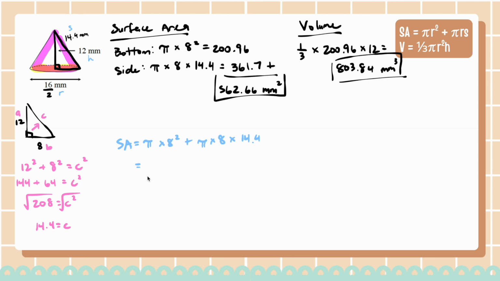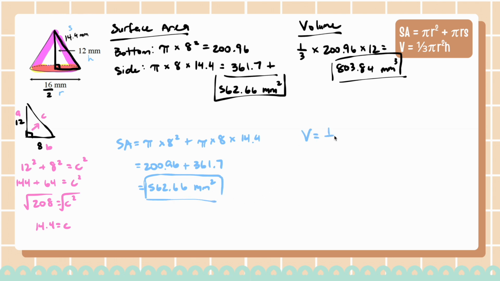If I simplify all of this, this is going to get me 200.96 plus 361.7. Added together, 562.66 millimeters squared. Same exact surface area.